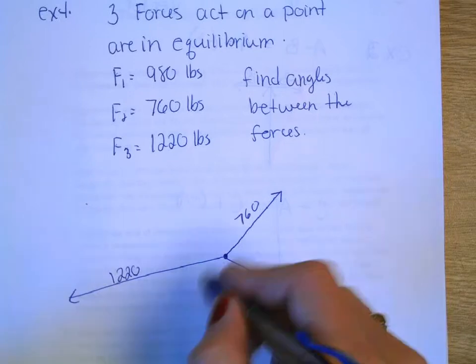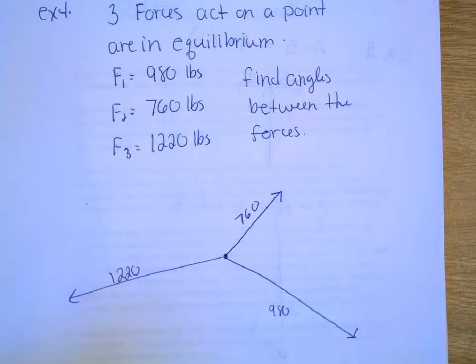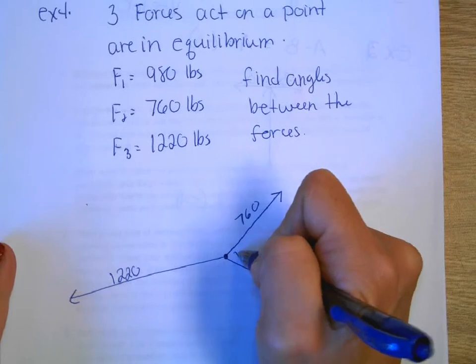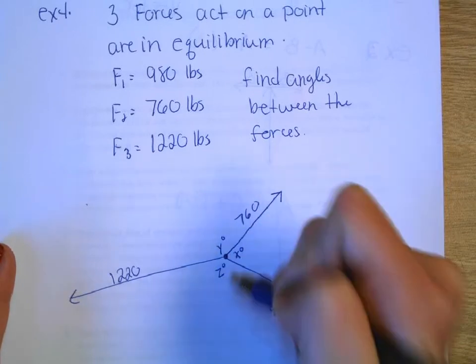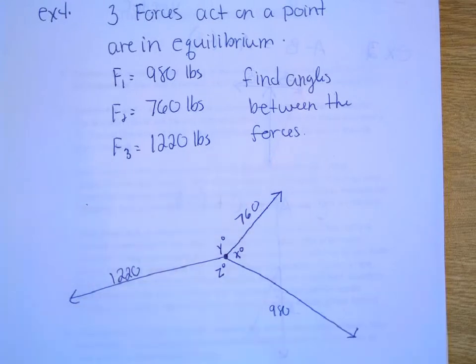Our goal is to find all 3 angles between these ropes. So I'll say X degrees, Y degrees, Z degrees. That's our goal. This is where I'm like, how would you even know how to do this all on your own? What the heck?